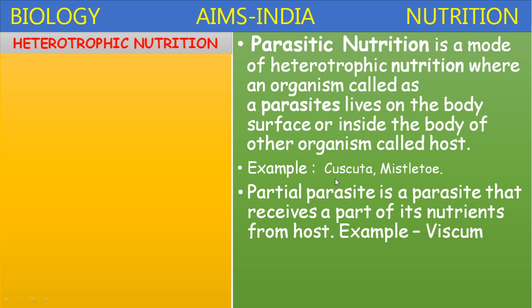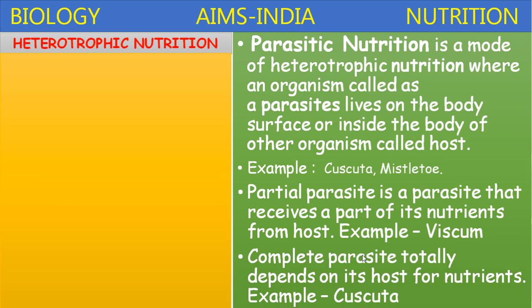These parasites are of two types, partial parasites and complete parasites. A partial parasite receives a part of its nutrients from the host, for example, Viscum. A complete parasite receives total nutrients and depends on its host for its nutrients. For example, Cuscuta is a total stem parasite.